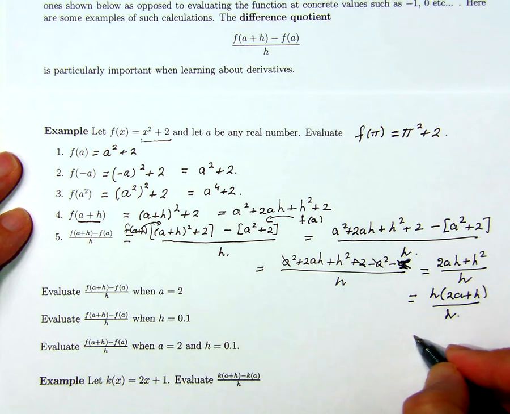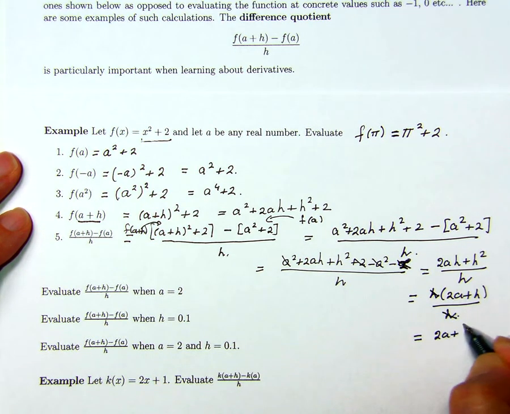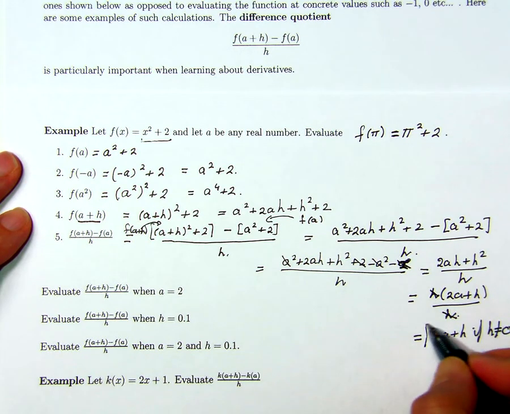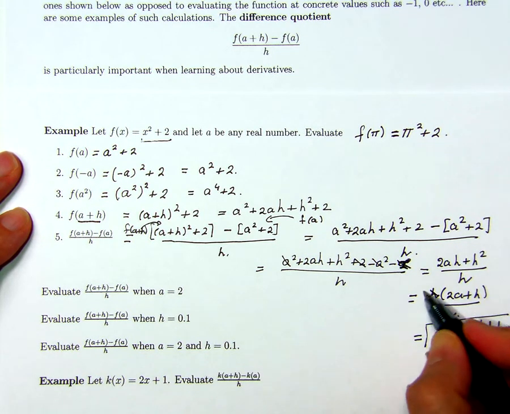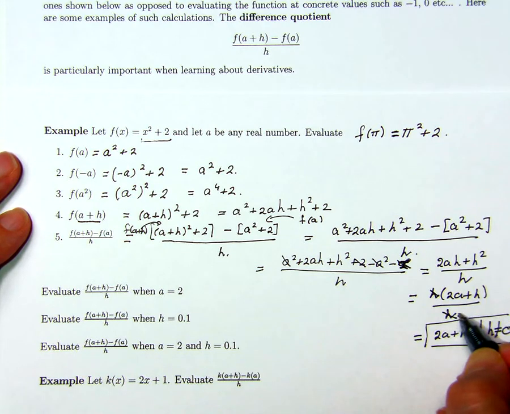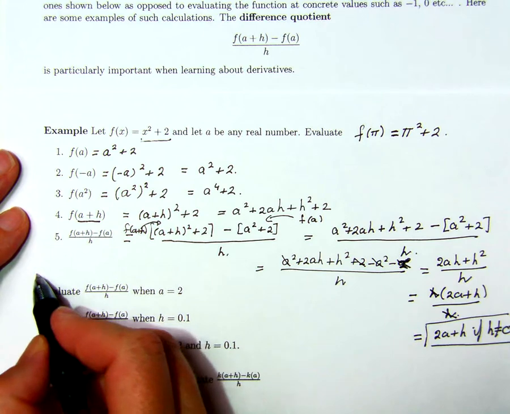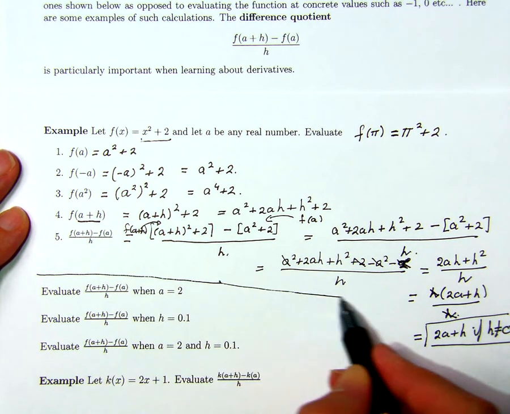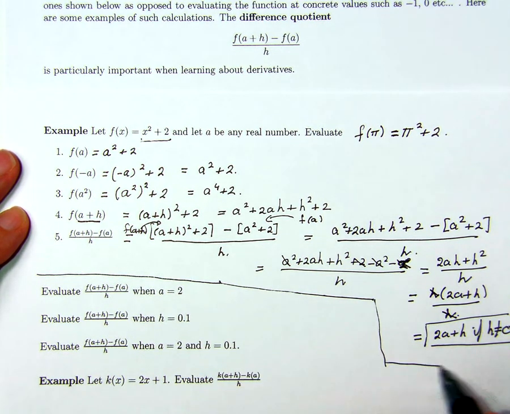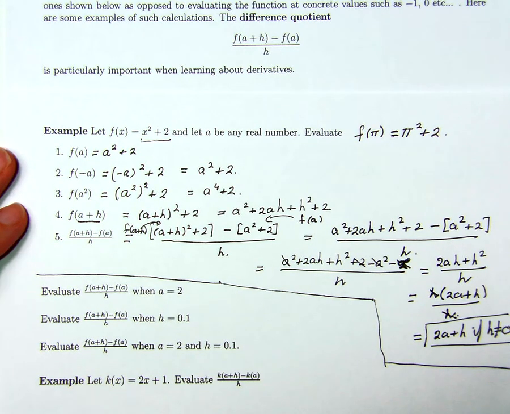And if h is not equal to 0, I can cancel these h's. So it's 2a plus h if h is not equal to 0. In general, it's 2a plus h times h over h, which wouldn't be defined if h is 0. But if h is not 0, this is just 2a plus h. And for the most part, this difference quotient will concentrate on its value when h is not 0.